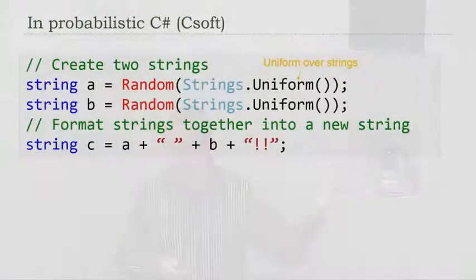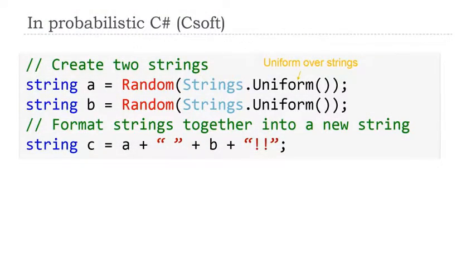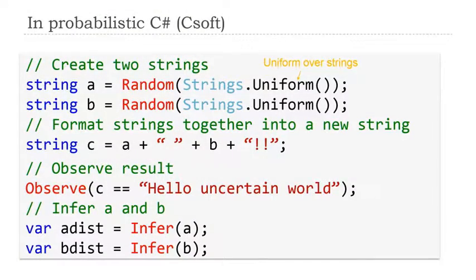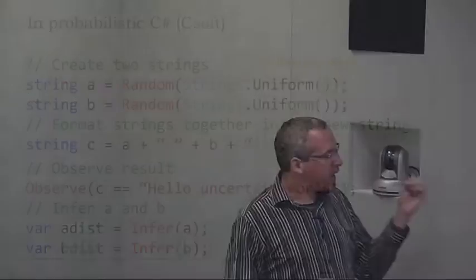Okay, so that's an improper uniform distribution over strings, and then that's an unknown string. Now we need to be able to have the equivalent of running the program and observing the result. So we have another operator called observe, which says that I ran this program and this was the result. Okay?